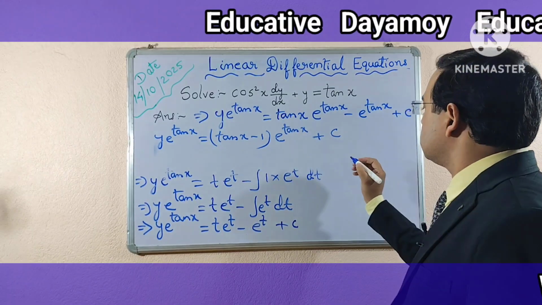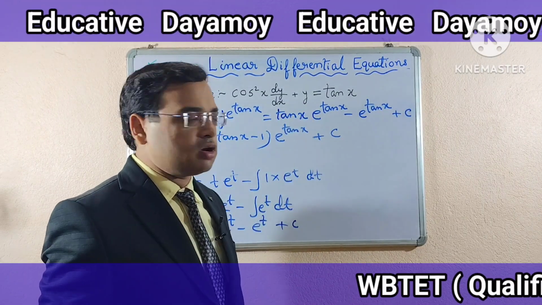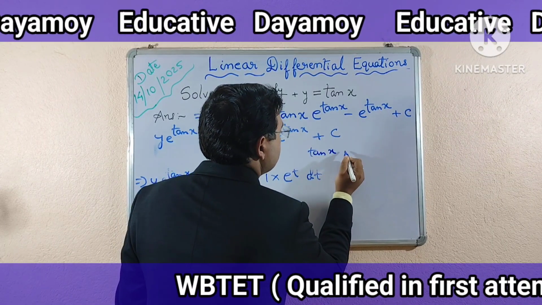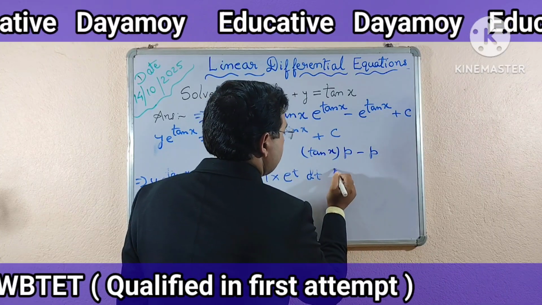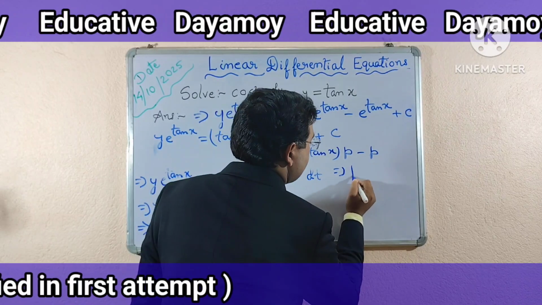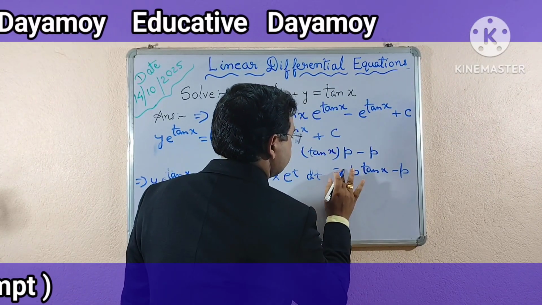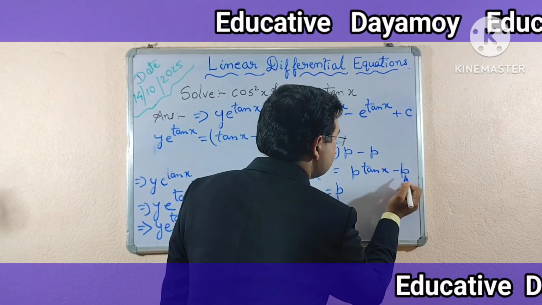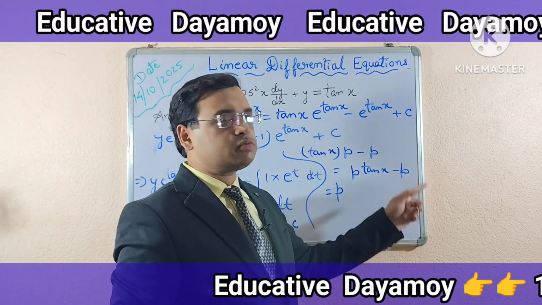See, just take an example. In place of e to the power tan x, just assume it as p. So tan x p minus p. Now what will it be? Here it is p tan x minus p. See, p here, p here, so easily you can take p common, because in both the terms p is there.